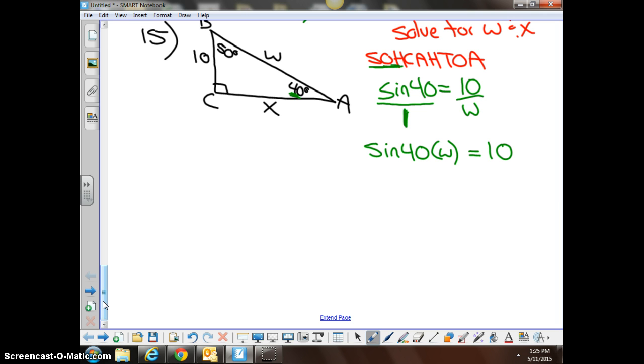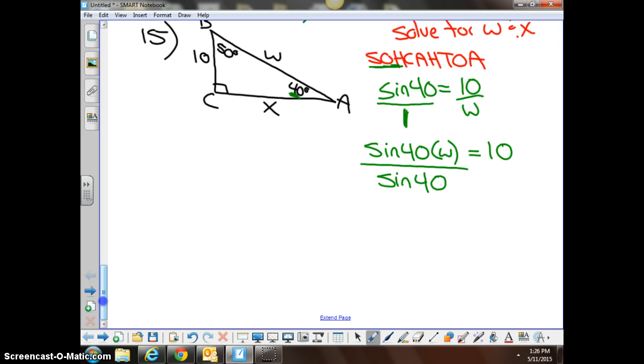Divide by 40? No, there is no number up there that's 40. 40 is sine of 40. What are we dividing by? We're dividing by the sine of 40. The only way to get W by itself is to divide by the sine of 40, which is approximately 0.643, but it's not 0.643.